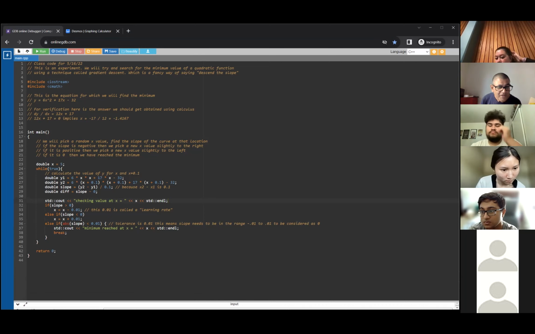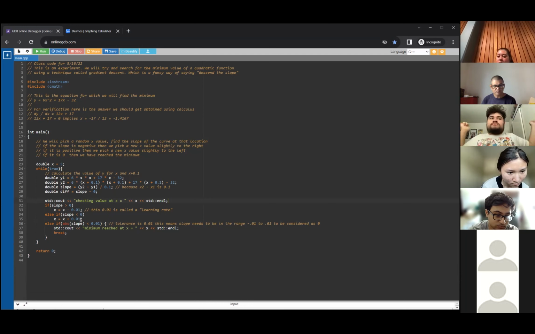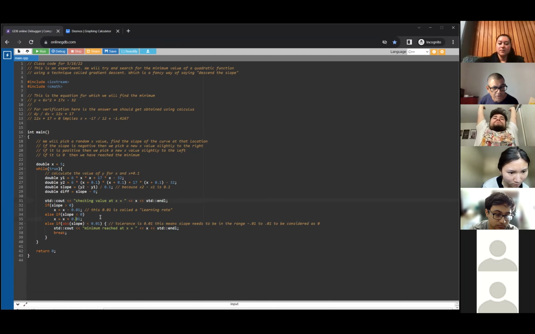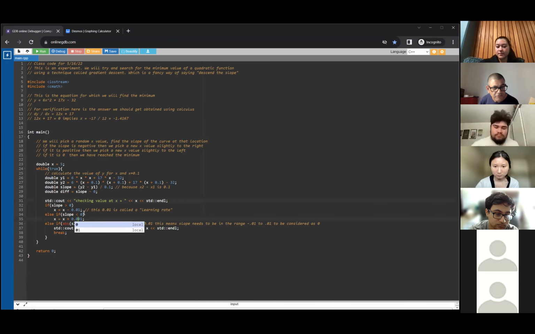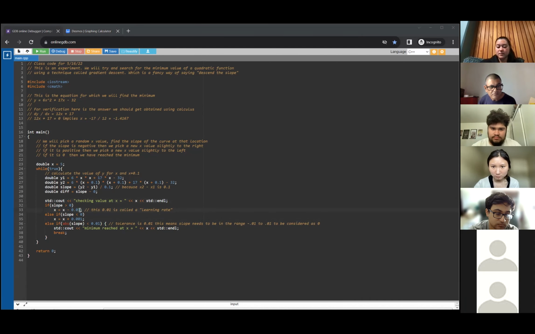So what we want to do essentially is turn that x equals x plus 0.01 into x equals x plus 0.001, right? Okay, run it now. This one too here, same thing, at a different decimal value.